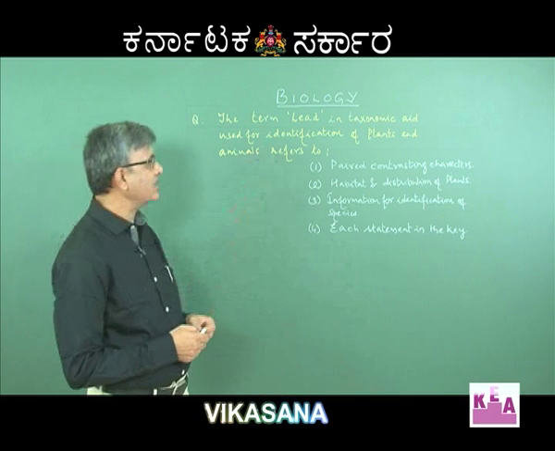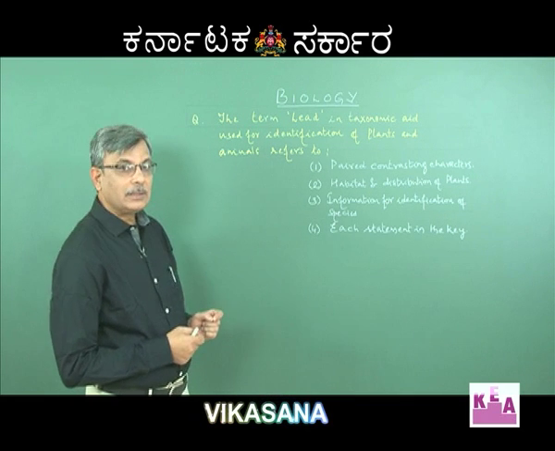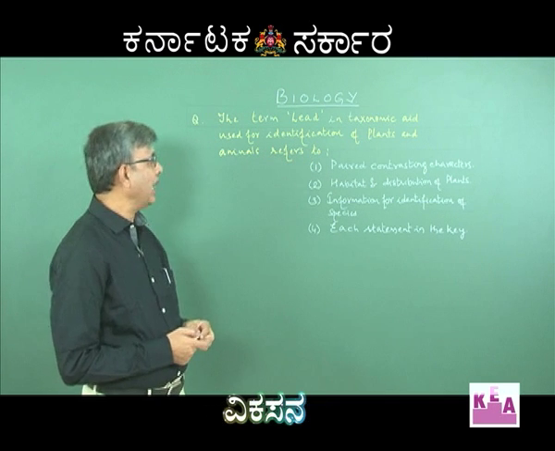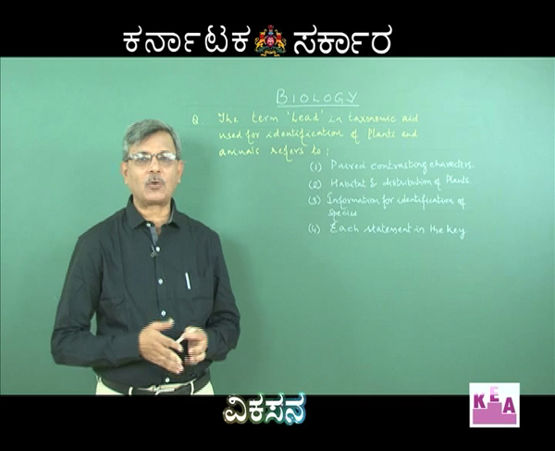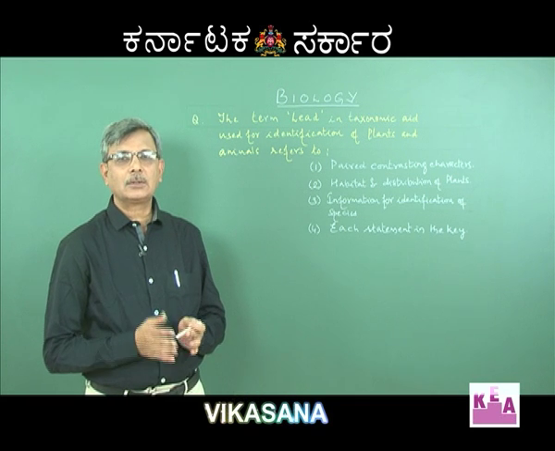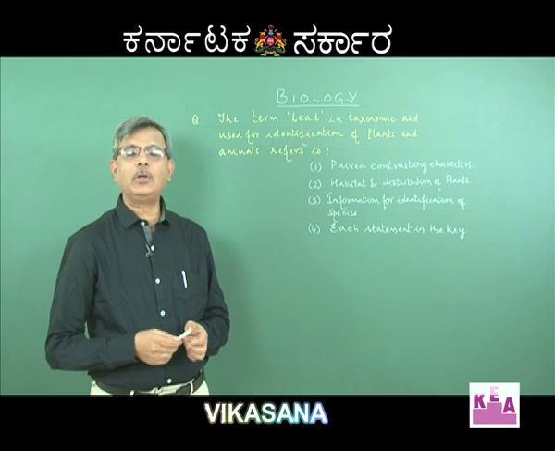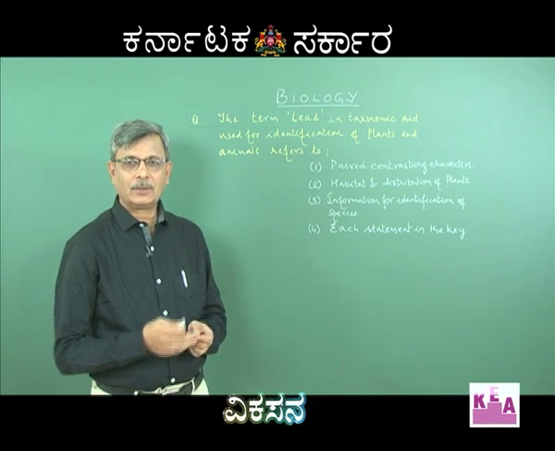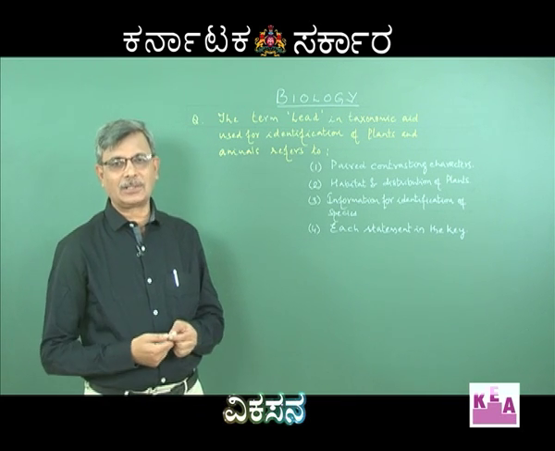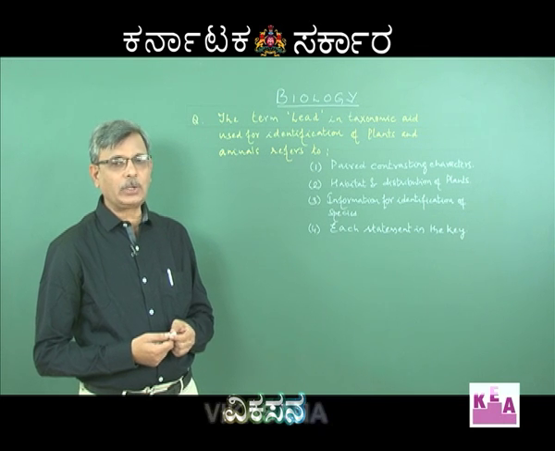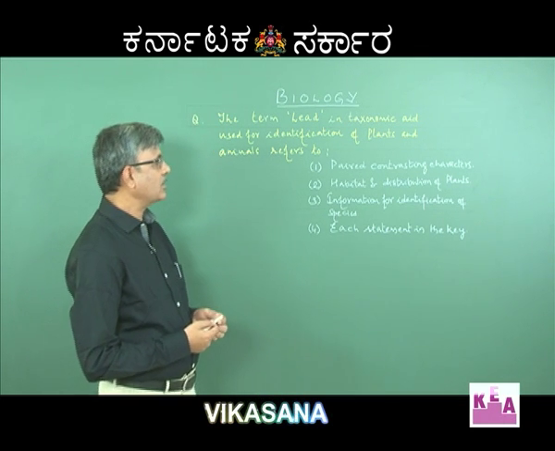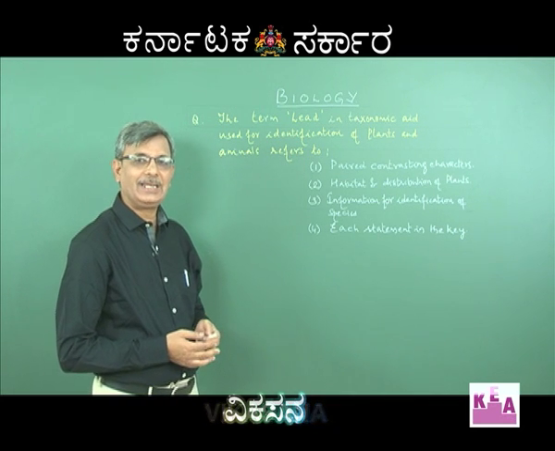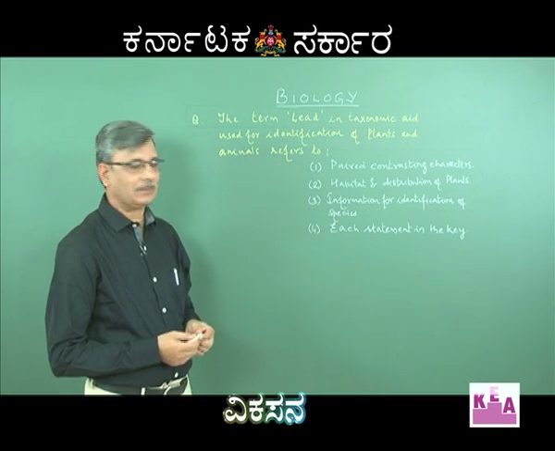As the statement says, key is nothing but a taxonomic aid used for identification of plants and animals, where we are going to use various words like manual, fauna, flora, lead, couplet, all this. Let us look into the answer, the statement which is going to be referred to the word lead in the key as a taxonomic aid.